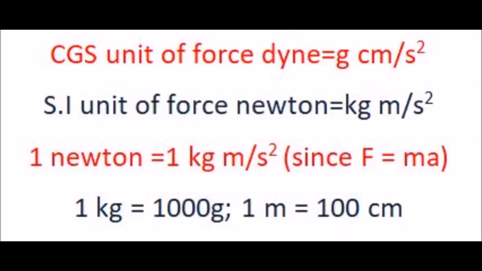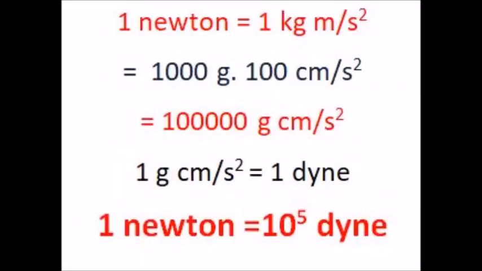1 kg is equal to 1000 grams and 1 meter is 100 centimeter. Therefore, 1 Newton, which is 1 kg meter per second square, will become 1000 grams into 100 centimeter per second square, which comes out to be 1 lakh gram centimeter per second square.